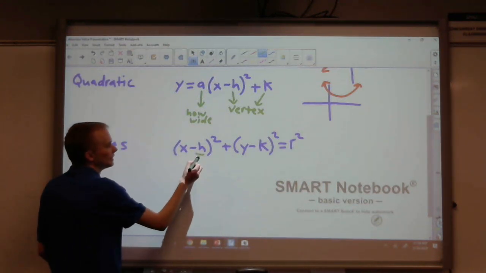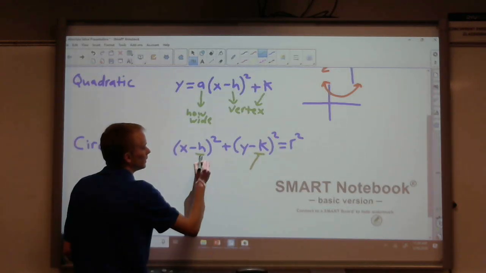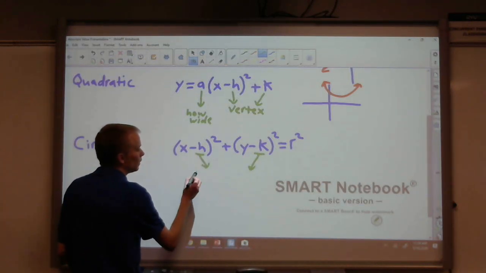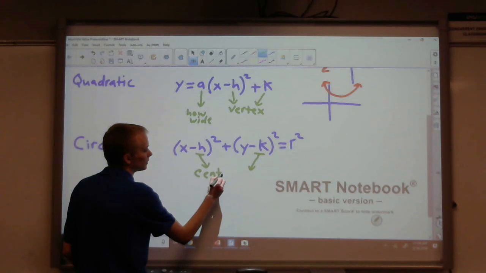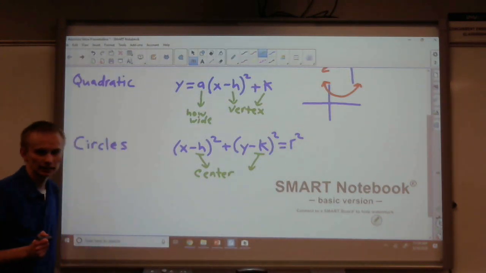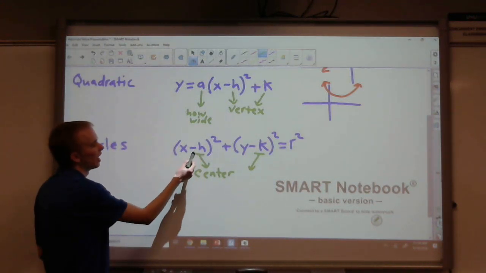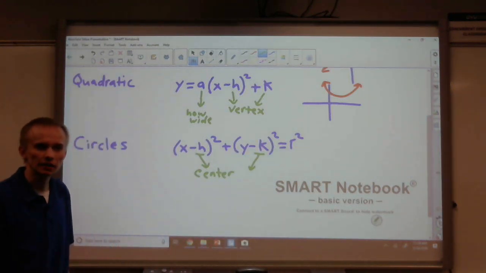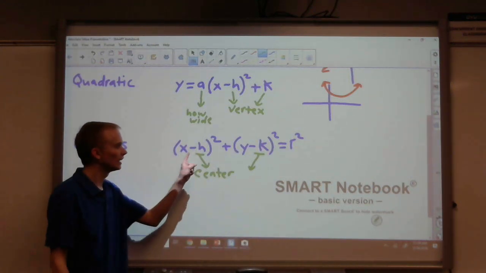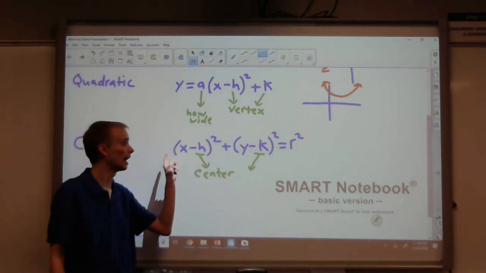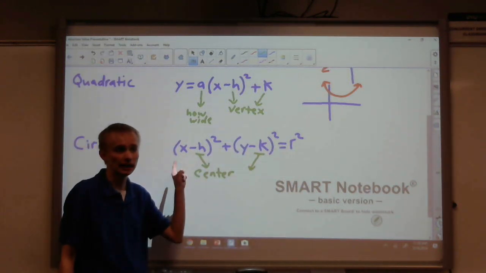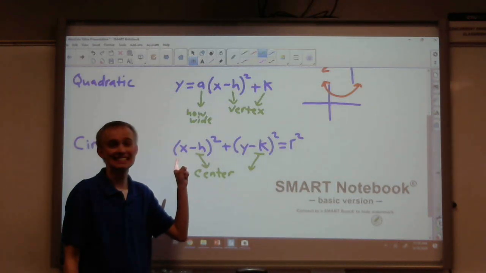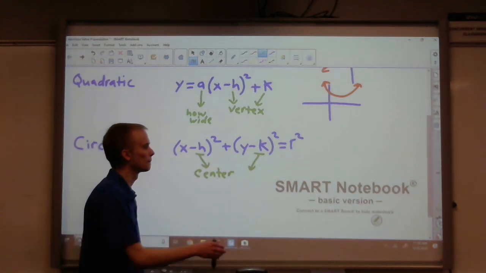And this h and this k in here told us where the center of the circle was, right? I just switched the sign on the h and the k, so it's a little bit different than the quadratic. I switch both signs, and that will tell me where the center of my circle is.